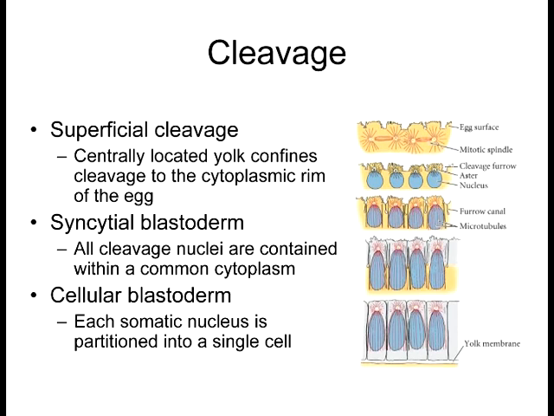Okay, so cleavage, superficial cleavage, if you look at the cytoskeleton and the cytoplasm here, all the nuclei get sequestered around the periphery. Eventually, these actin filaments will pull the cell membrane down and divide each of these cells off, and then you'll have all of these cellular blastoderm all around the periphery of the Drosophila. Okay? At that point, so much has already happened, and that's what we're going to discuss.